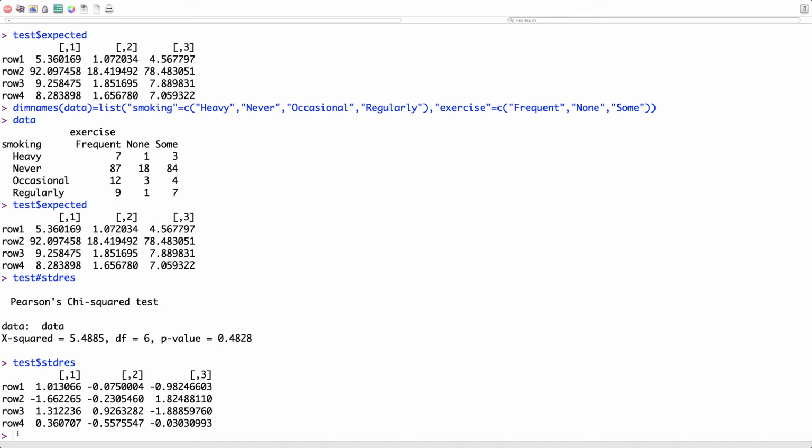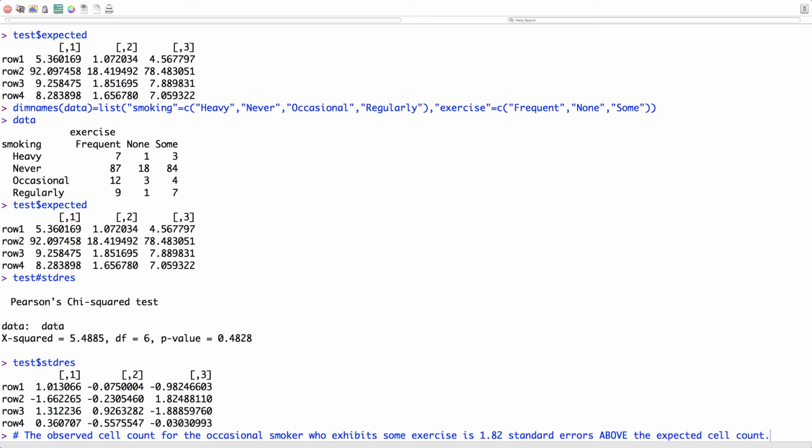So the interpretation of that would be the observed cell count for the occasional smoker who exhibits some exercise is 1.82 standard errors above, I'm going to put that in because we have a positive, the expected cell count.